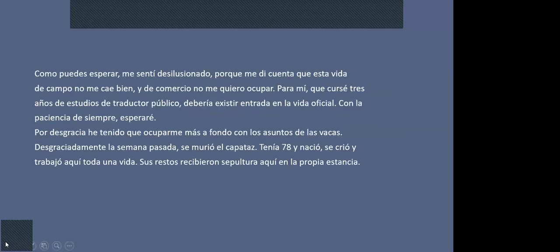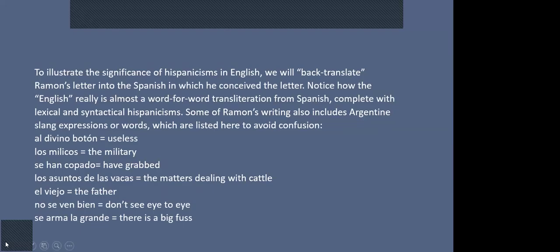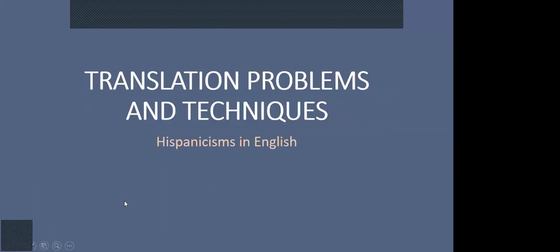So this is the real problem with Hispanicisms. Hispanicisms come from domesticating and adapting terms, dealing with local terms, regionalisms, thinking in terms of what the best option could be, to make it sound as natural as possible.